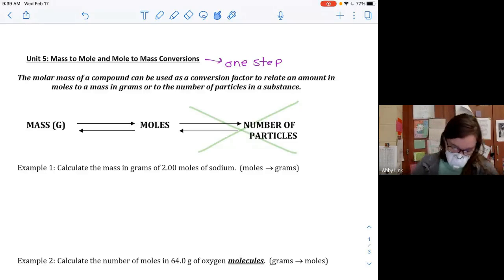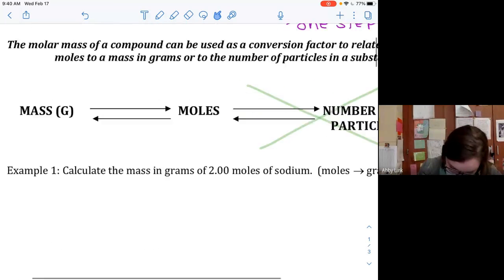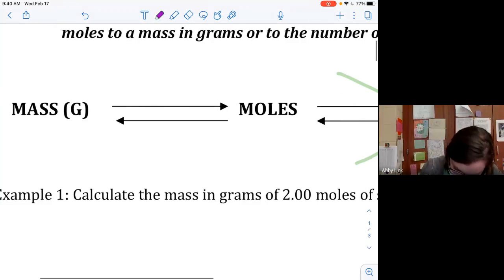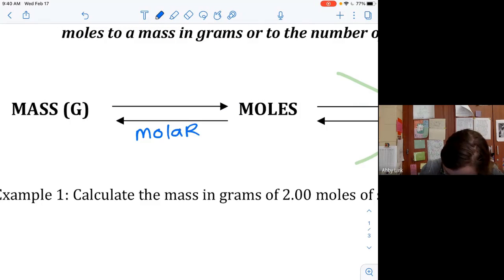It says, the molar mass of a compound can be used as a conversion factor to relate an amount in moles to a mass in grams or to the number of particles in a substance, okay? So basically, in order to go from mass to moles or moles to mass, the conversion factor that we're going to have to use here is molar mass.